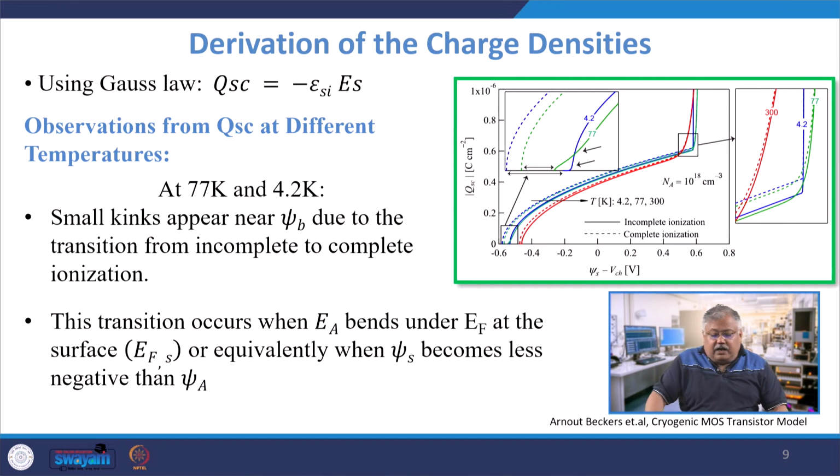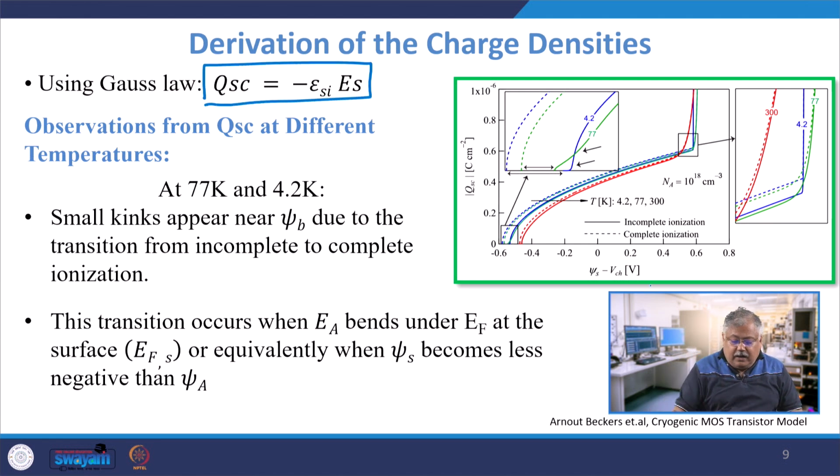Now, let us go through the derivation of charge densities. We very well know through Gauss law that the total charge is given by epsilon times Es, where Es is the electric field. Now, at 77 K and 4.2 K, an interesting phenomenon occurs. On the left hand side, you have this charge QSC, and you are plotting with respect to psi s minus VCH.